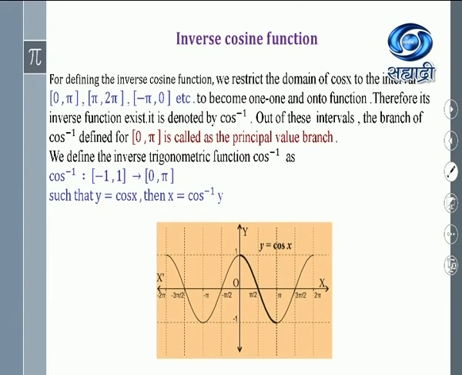Again the domain is the closed interval -1 to 1, and the range is the closed interval -pi by 2 to pi by 2. This we'll have to learn by heart, but before that we'll have to understand all the concepts. Similarly, one more notation we use while trying the sums: if y equals cos x, then x equals cos inverse y. I think the ideas are getting clear here from the graph.